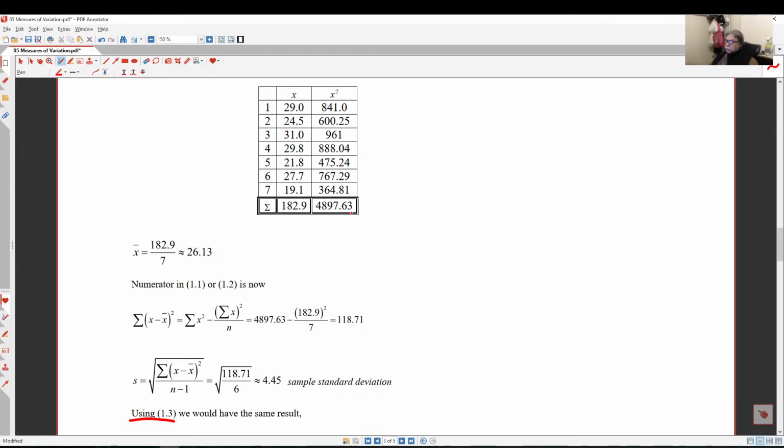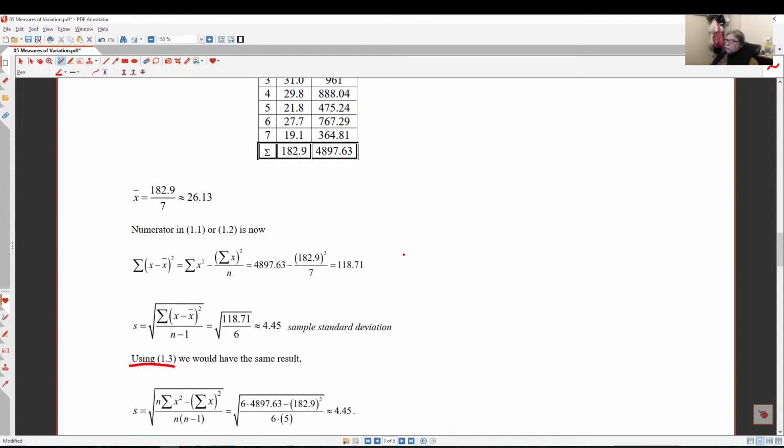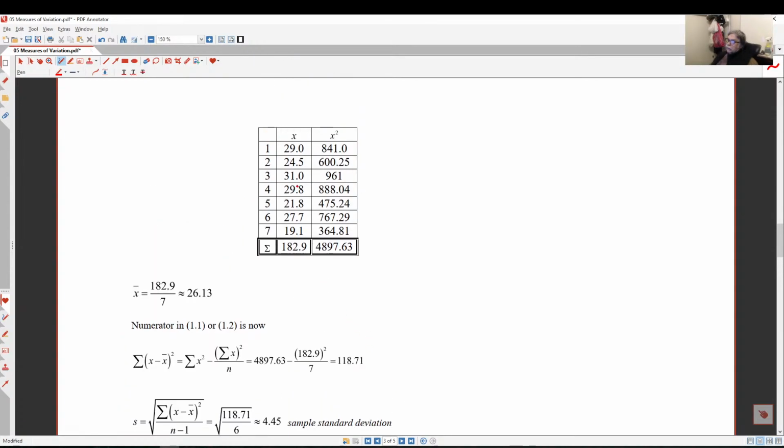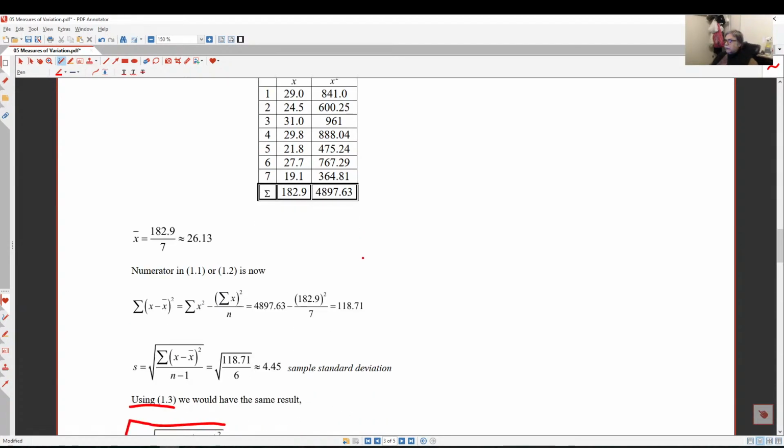And if we use the formula 1.3, the formula 1.3 is right here. That's the sample standard deviation. What do we need to do? Radical, and how many things do we have? 7. I actually have an extra column just to itemize them, but you don't need that. It's visible that there are 7 of them.